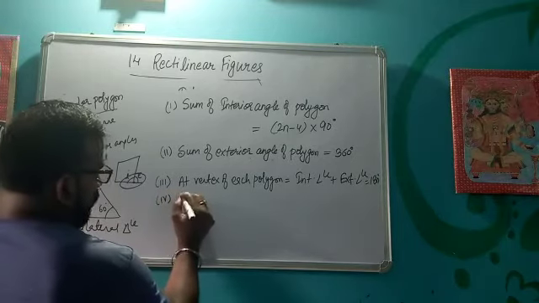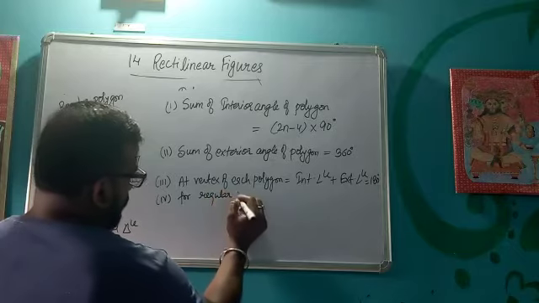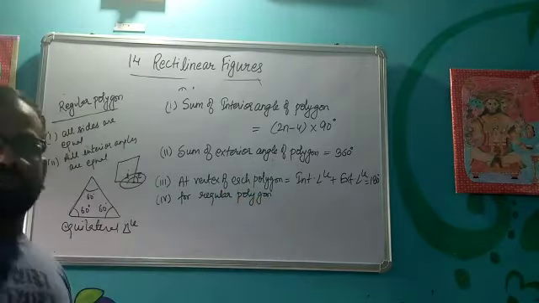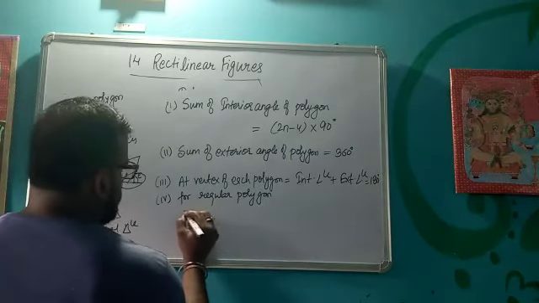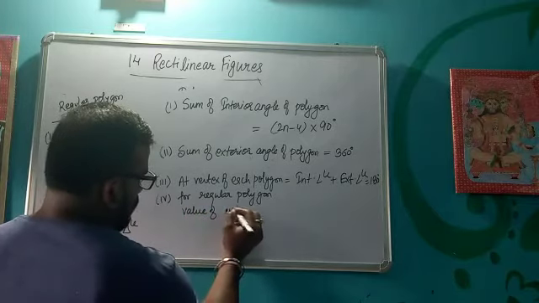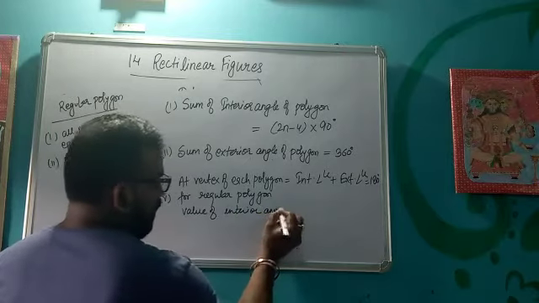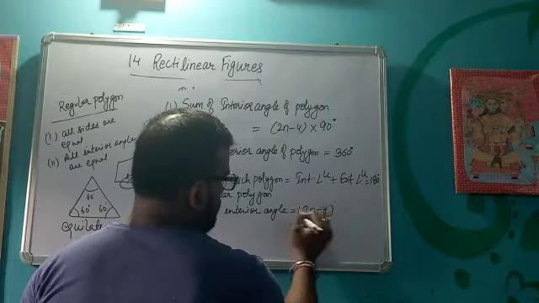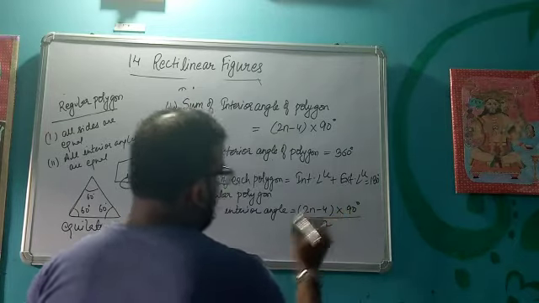Then for regular polygon, now we will discuss a few formulas of regular polygon. So for regular polygon, the value of interior angle will be equal to (2n minus 4) into 90 degrees divided by n.